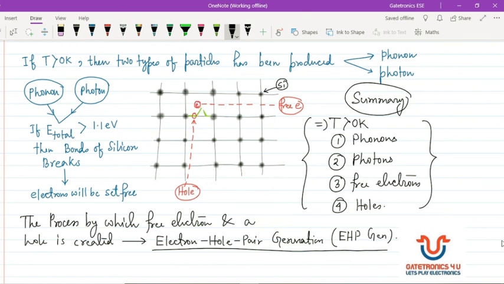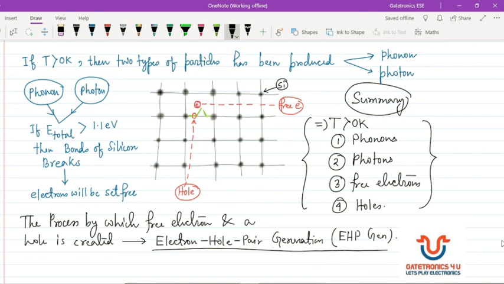And since the semiconductor is in equilibrium condition, the concentration of electrons, holes, photons and phonons must be maintained constant because the semiconductor is in equilibrium. And we know that equilibrium means for every process there should be a reverse process at the same rate, then only equilibrium can be maintained.